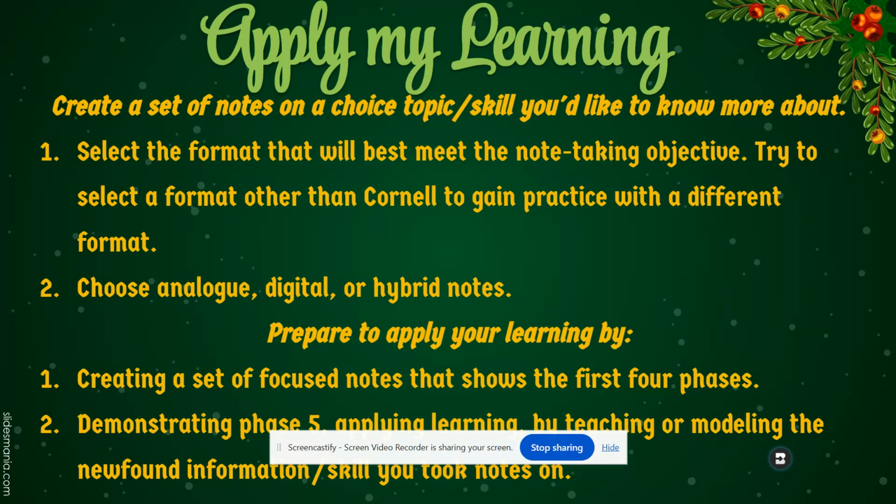So select the format that will be best to meet the note-taking objective. So we used Cornell notes, so you can use those notes, or you can go to 2-column notes, 3-column notes. You can do a mind map, any one of those. So you choose which one's going to work for you. You can choose to do analog, which is by hand, or if you want to do it digital.